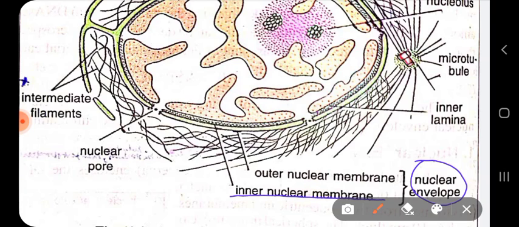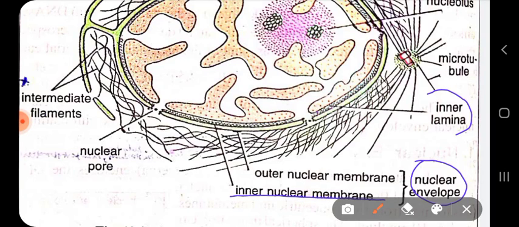So again I repeat, this spherical inner nuclear membrane contains specific proteins that will act as binding sites for supporting the fibrous set of intermediate filaments, and that is called the nuclear lamina.